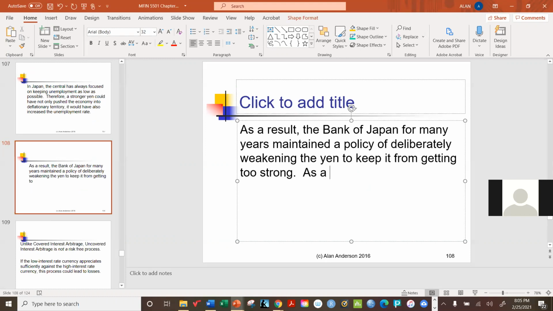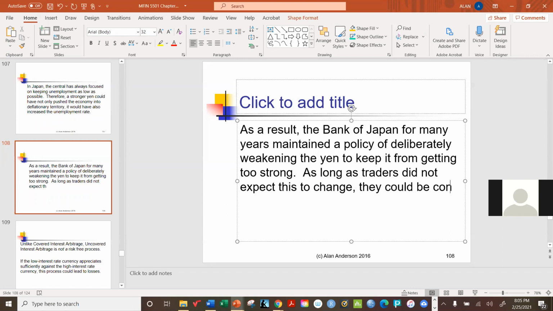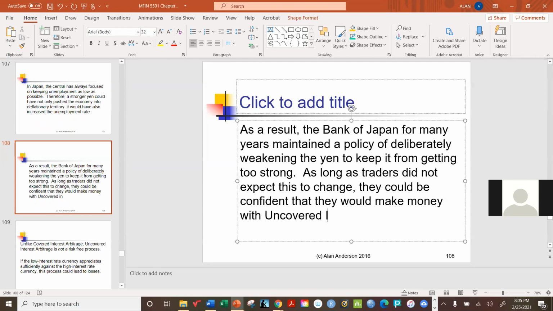And as long as traders did not expect this to change, they could be confident that they would make money with uncovered interest arbitrage.